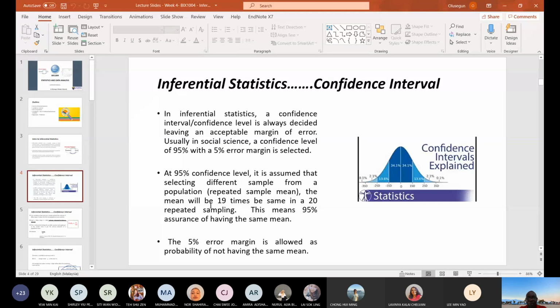So the margin of error is so small that in fact, a mistake is not expected to happen. But in social sciences, a margin of error of 5% is judged adequate. That means 95 times correct. So if you are doing the same thing 100 times, 95 times you have to be correct. You will be getting the same results. So a 5% margin of error is allowed in social sciences studies.